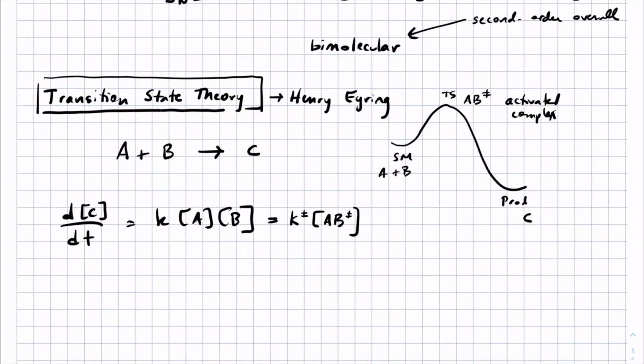And then the small rate constant, the little k double dagger, would be related to this idea that once you get to the transition state, all you need is a molecular vibration to push you over in the right direction.